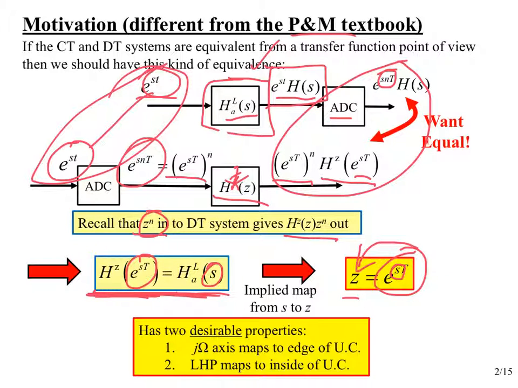Also, the left half plane of the s-plane maps to the inside of the unit circle. So the second one tells us that if we start with a stable continuous time system and apply this mapping, we will get a stable discrete time system, and that's a nice property to have.